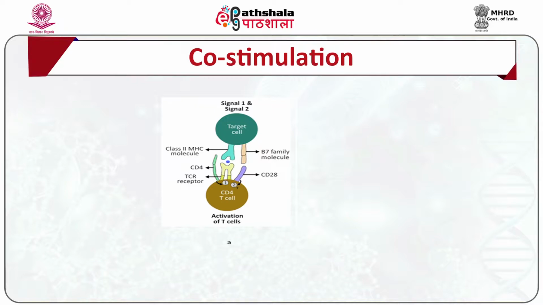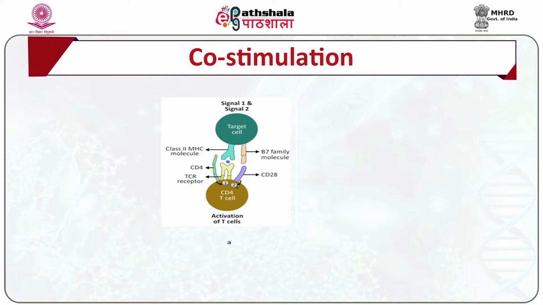The co-stimulatory signal is provided by the interaction between accessory molecules such as CD28, ICOS, etc. on the T cell and co-stimulatory ligand molecules such as B7 family members CD80 and CD86 on the antigen presenting cell.